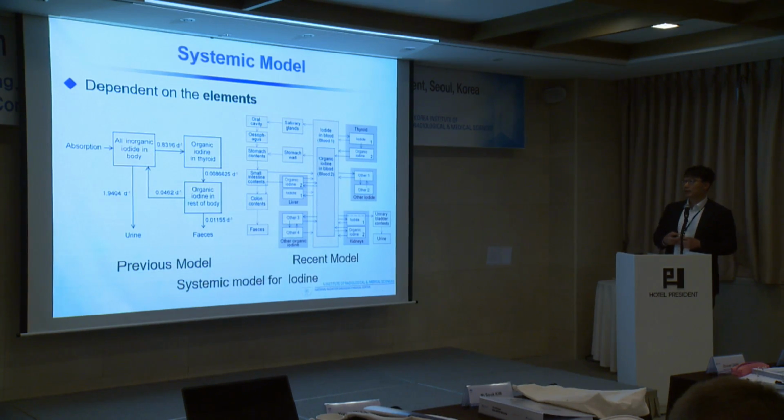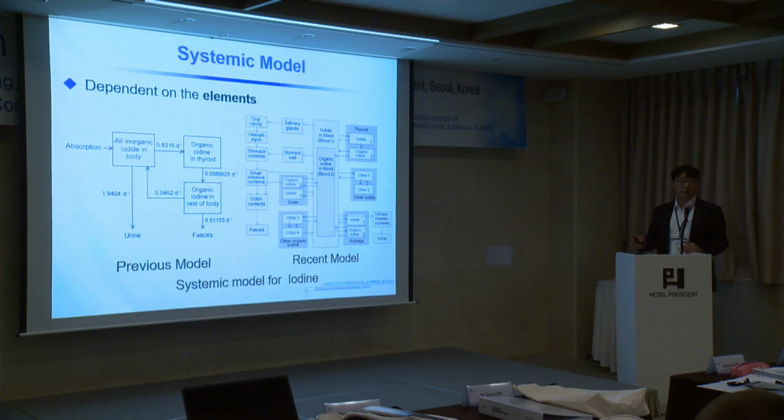And this is the systemic model of the radioiodine isotopes. This one is a previous model developed in ICRP Publication 30. And recently in the OIR report, they provided a new systemic model of the radioiodine.